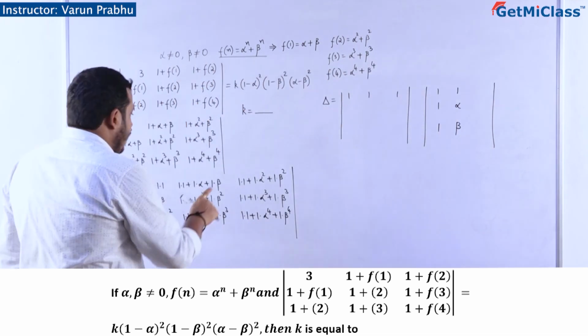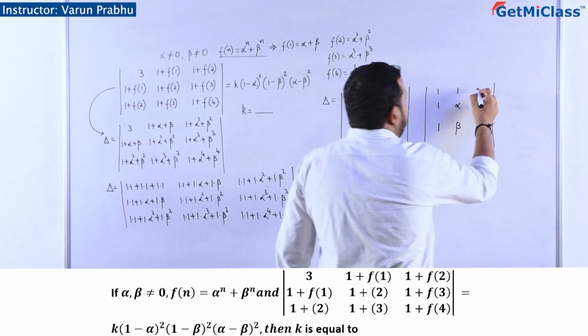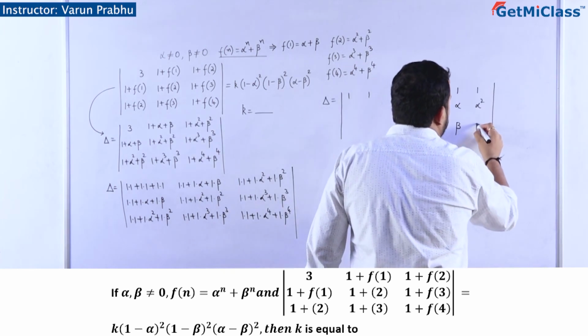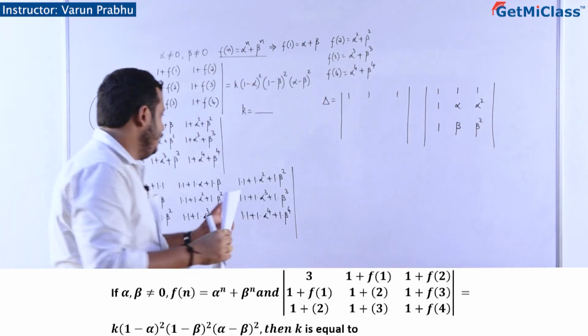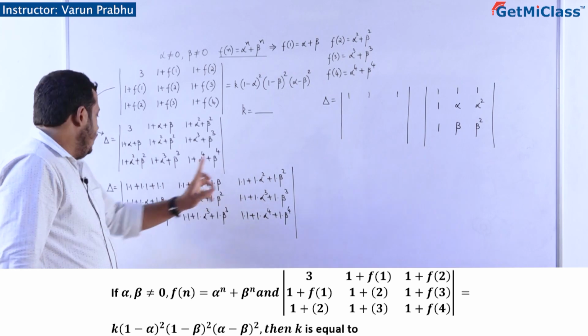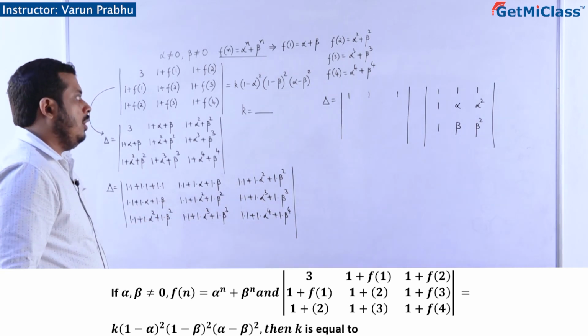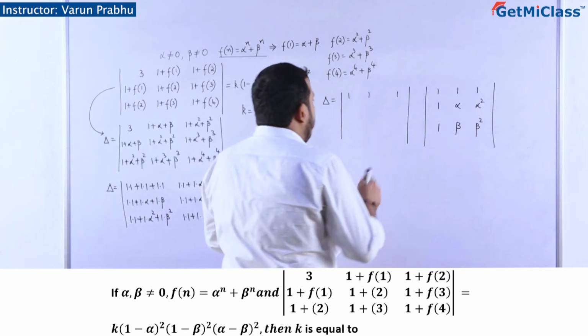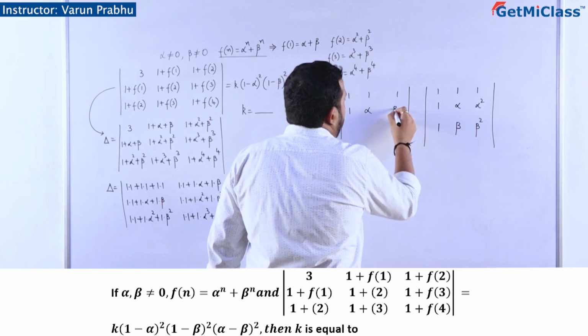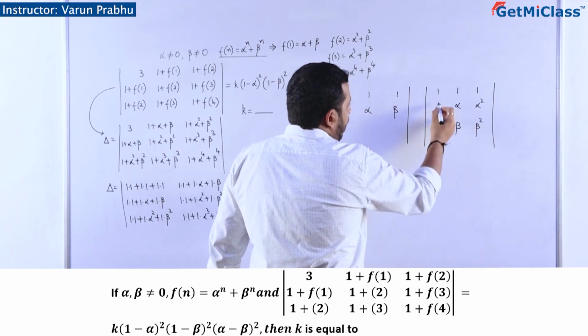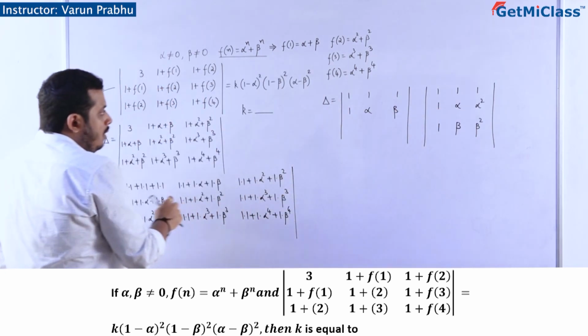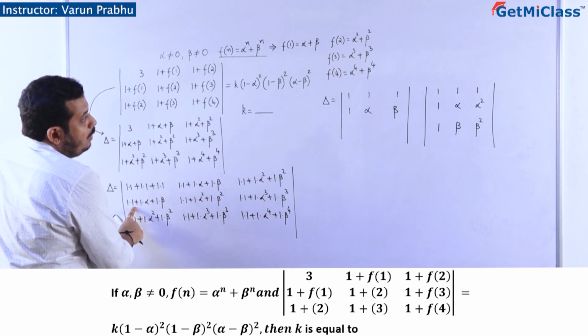Similarly, 1, alpha square and beta square. See, I am able to realize this in the first row. Now second row multiplied by the first column, so I can write this as 1, alpha, beta. 1 into 1, 1, plus 1 into alpha.